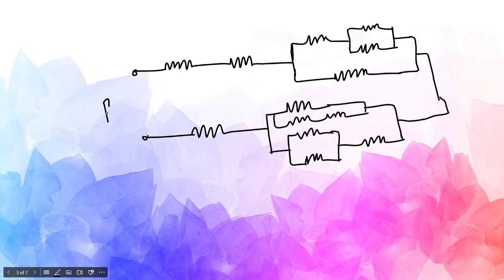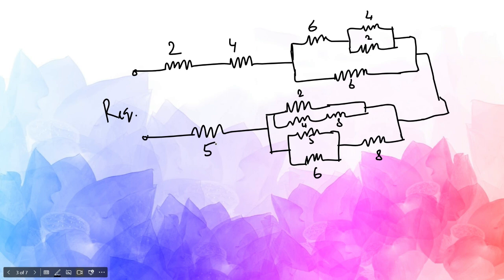Now we want to find the equivalent resistance. We have to put some values here, otherwise it will be very difficult to find out. Let's say the values are 2, 4, 6, 4, 2, 6, 2, 4, 8, 5, 6, 8, and let's say this is again 5.